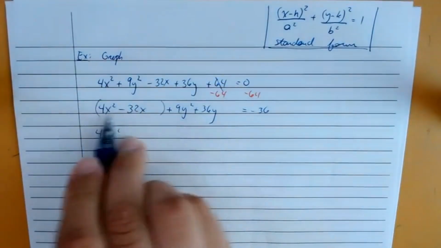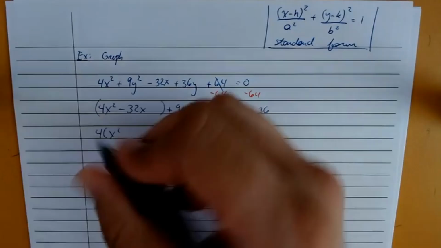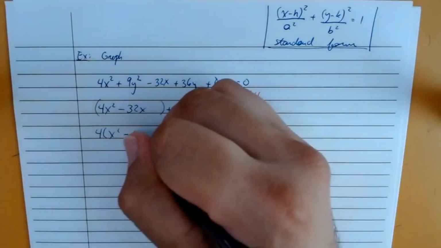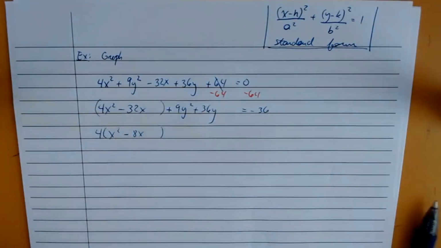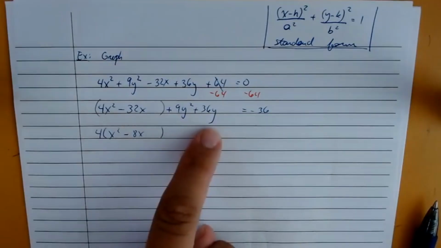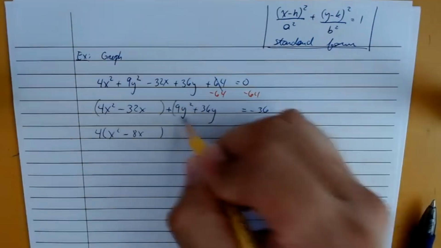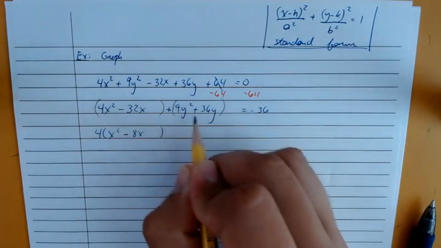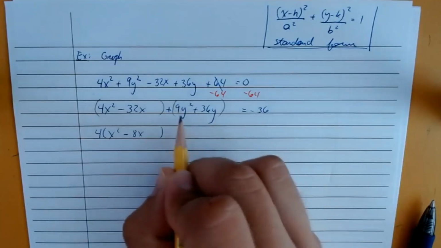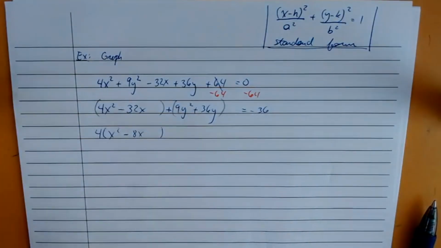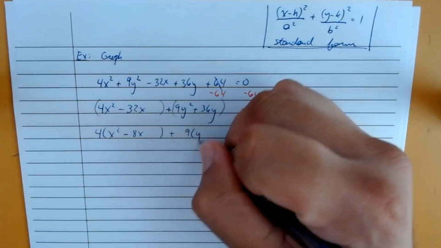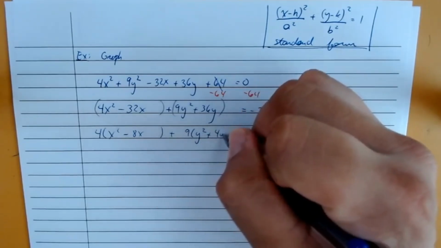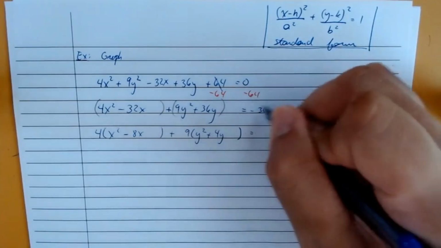If you factor 4 out of these two terms, you're going to get x squared minus 8x. You're going to do the same thing for these two. You're going to take those two and factor out the lead coefficient. Again, I know I can factor out a y, but I'm not going to. Just the number. So that's going to give me plus 9 times y squared plus 4y. And then over here, we haven't done anything yet.